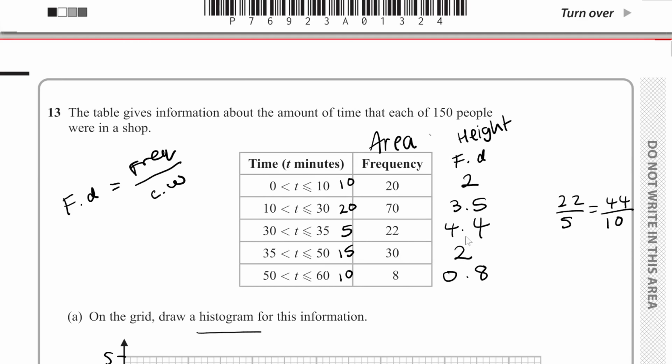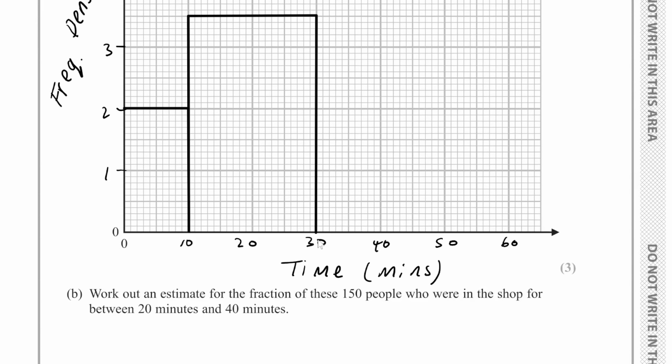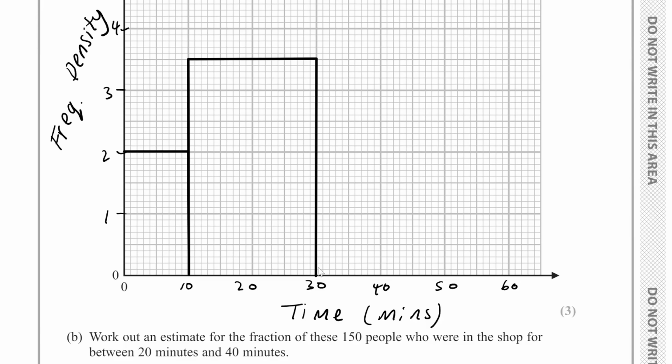Then 30 to 35, height of 4.4. That isn't in the right place. 30 to 35 has a height of 4.4.